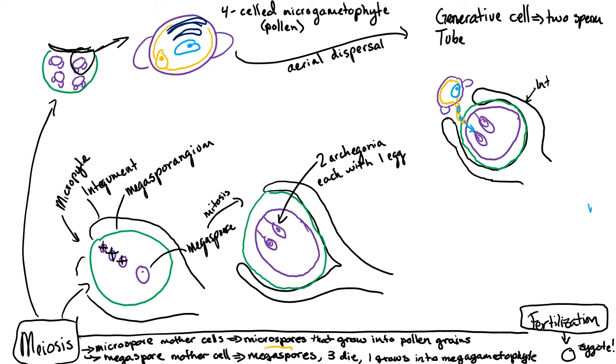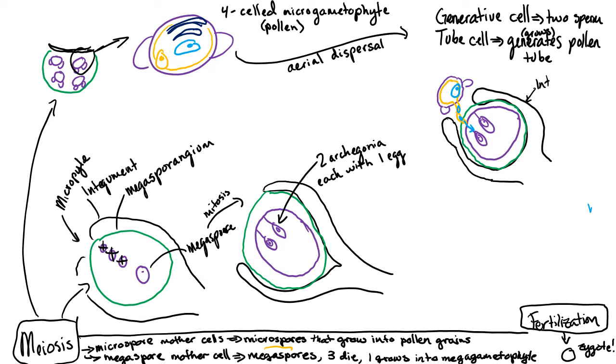Or not tube cell nucleus, by the tube cell's tube. That's what I get for talking and writing. So the generative cell is going to divide by mitosis to produce those 2 sperm, and the tube cell is going to grow the tube so that they can get to the archegonia.